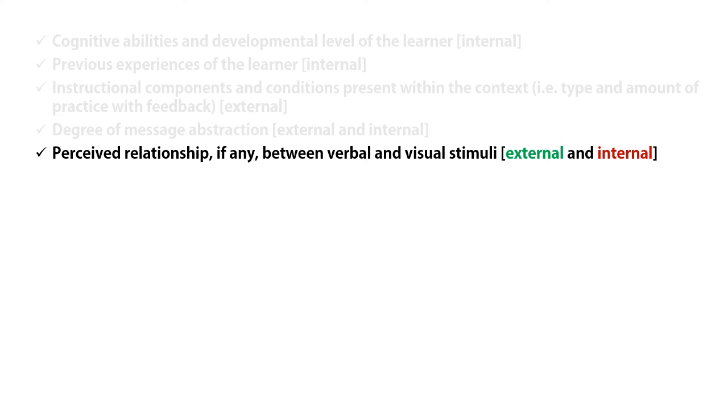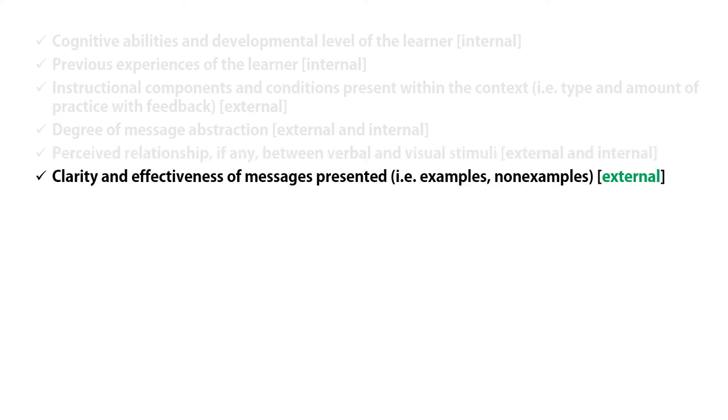Also, the relationship between verbal and visual stimuli in many parts of an instructional experience, that can be both external and internal, again, depending on cognitive abilities and previous experiences. But like message abstraction, it's something that as a designer you can definitely influence.